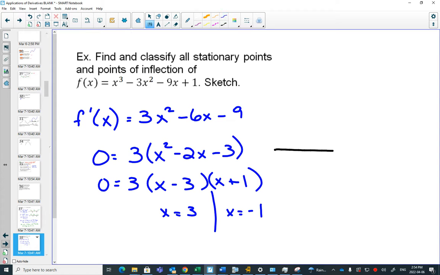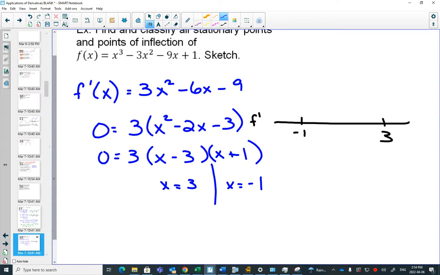So in our first number line, which is our first derivative, we would put on that number line -1 and 3. We know that -1 and 3 are going to be important points. So we need to find out exactly the coordinates of those points.